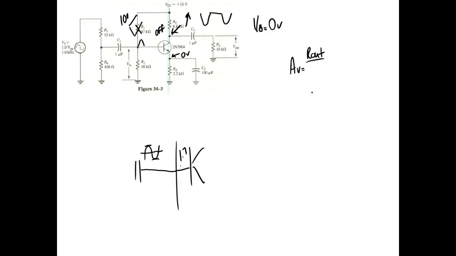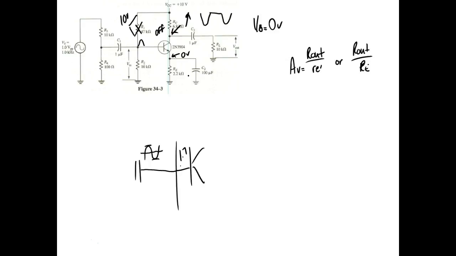Bias is not going to change, but the gain is going to change, because the gain is set by R out over RE prime, or by R out over RE, depending on whether this is bypassed or not. What we're changing is R out. If we change R out, we change the gain.